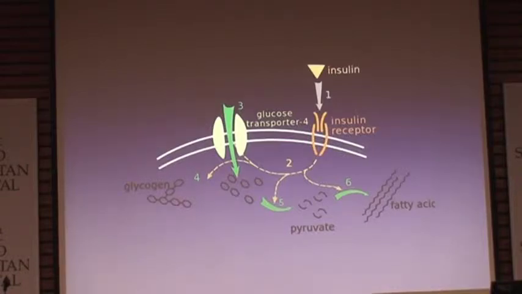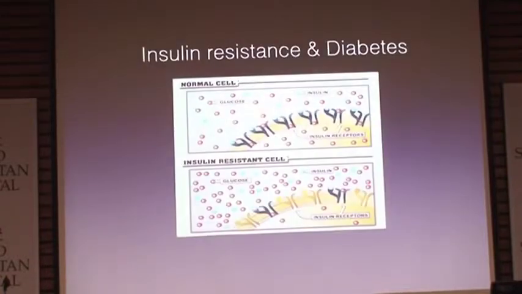This is how the body normally handles blood sugar, right? You consume food, whether it's from carbohydrates or not, and glucose or sugar is one of the end products, and insulin helps via various cell receptors.